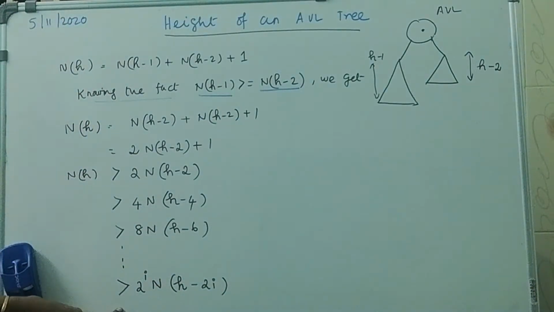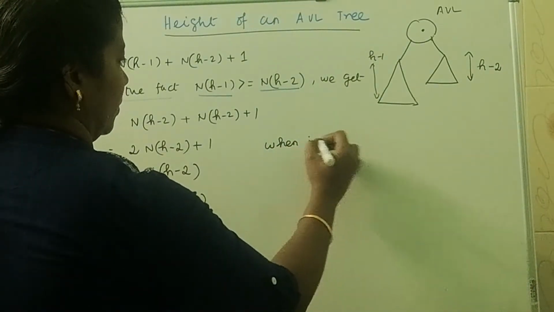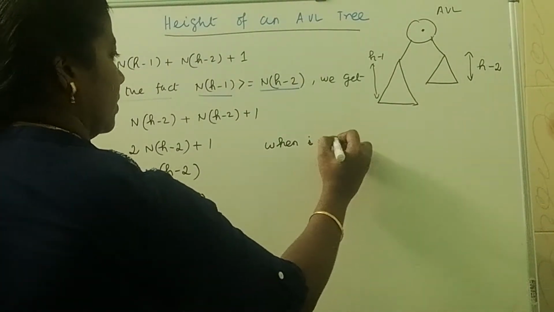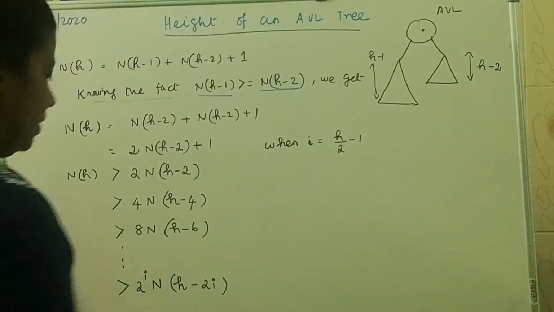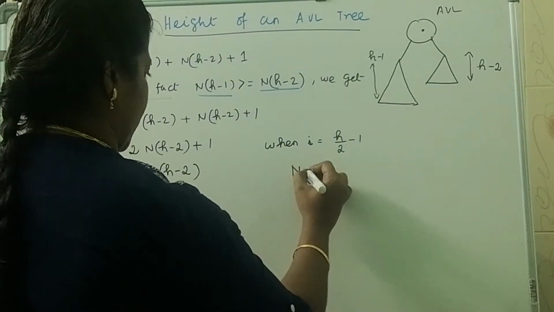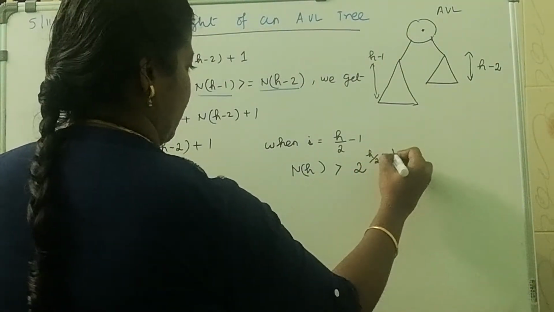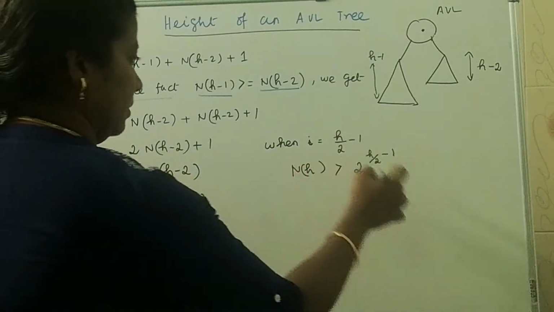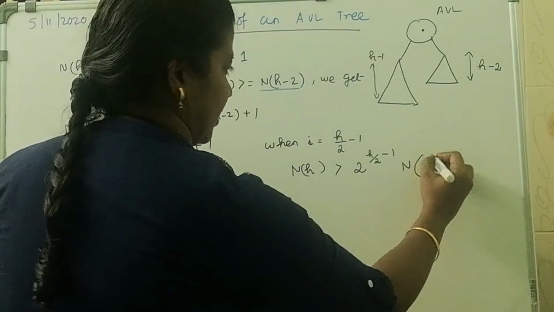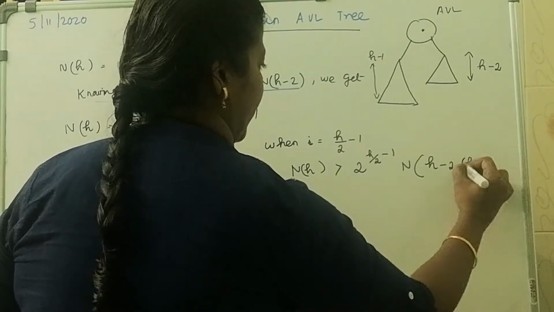Now when i equals h by 2 minus 1, substitute i equal to h by 2 minus 1, what can we have? n of h is greater than 2 to the power h by 2 minus 1, we are replacing i by this term, and then n of h minus 2 into i, what is i? h by 2 minus 1.